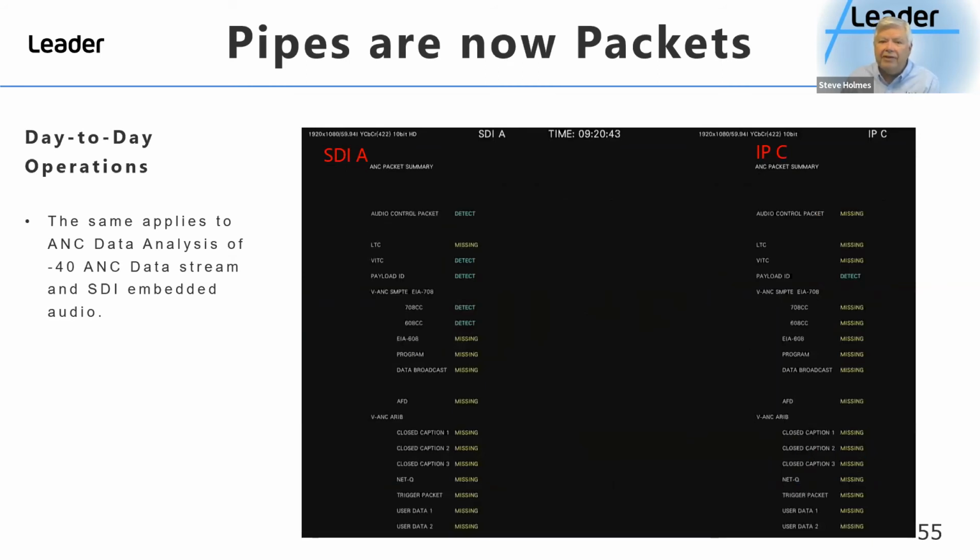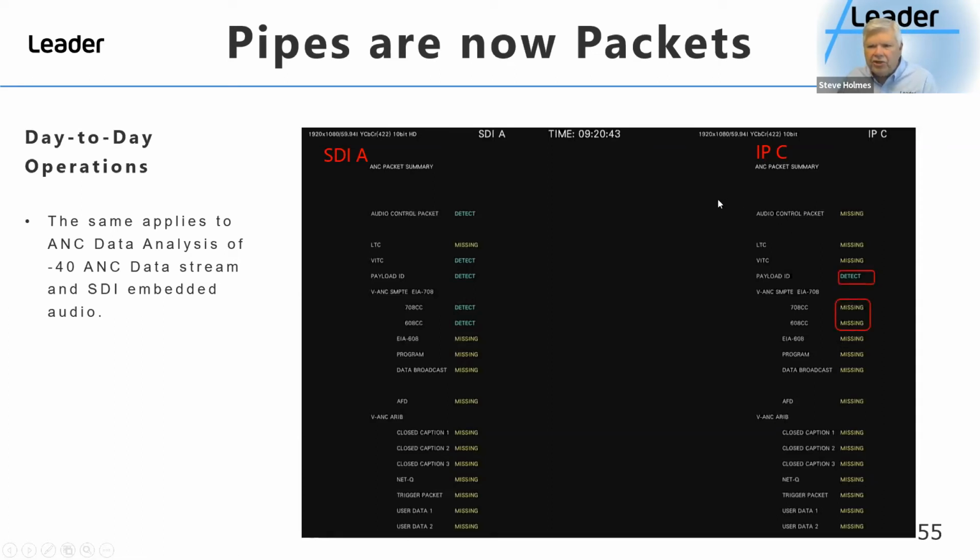So we have the ability to put a list of the overview of the ANC data up on the screen and look at things side by side. Here are my ANC packets coming off of my SDI, which are actually in the vertical interval. Here is my ANC data coming in on my -40 flow.